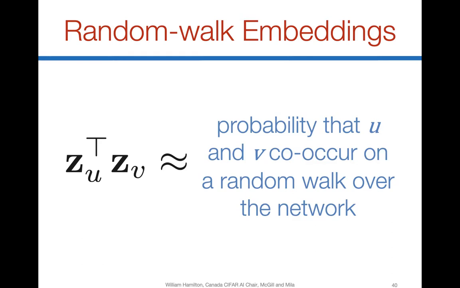So if we have a random surfer, as people often call it, you can think about having a little agent that is randomly going from node to node, just randomly choosing a neighbor of every node. We want to have our node embeddings encode the probabilities that two nodes co-occur on such a random walk.